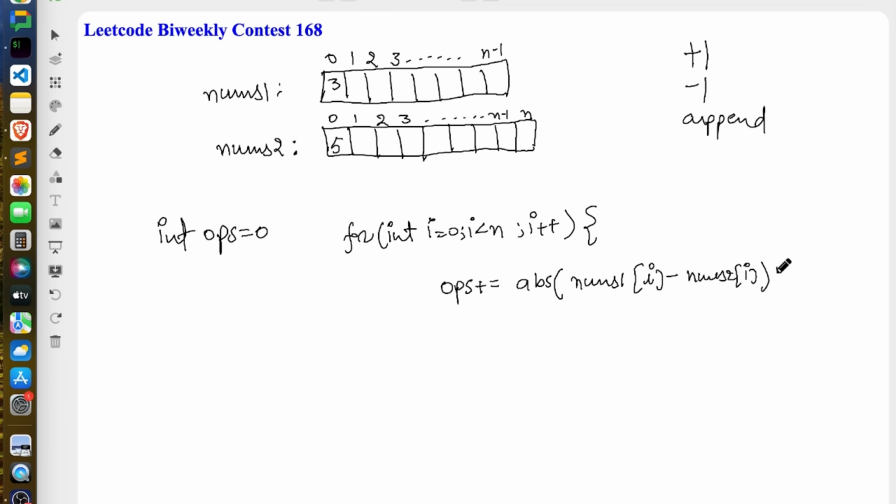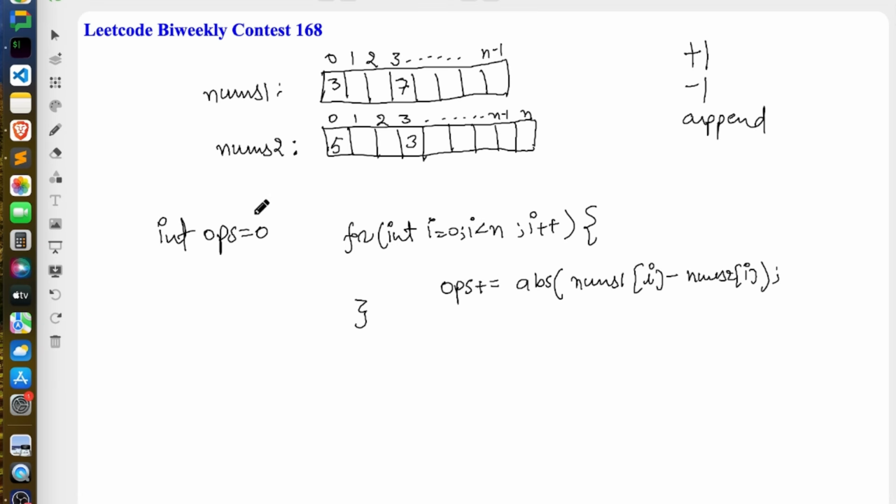The reason why I have taken the absolute value here is because, let's say to convert 3 to 5, we have to do plus 1 operation twice, right? Let's say the number here is, for example, 7, and here the number is 3. So here we have to apply minus 1 operation four times, so that we can convert 7 to 3. But ultimately, how many operations are you doing? The difference between these two numbers, right? That's why I have done ops plus equals the absolute value of the difference. So it will take care of both plus 1 and minus 1.